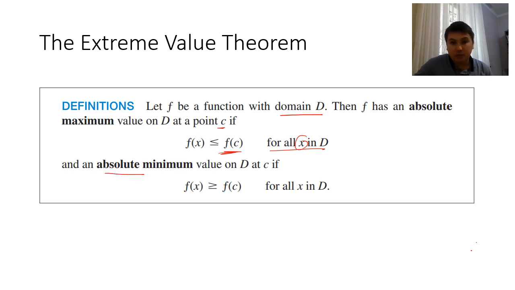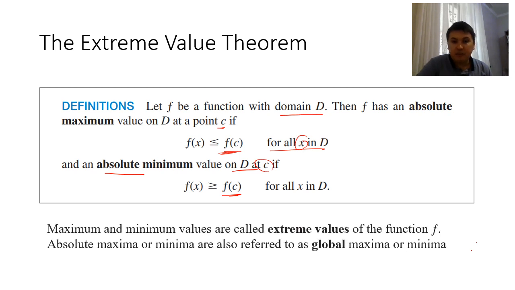And absolute minimum on the domain at c means f of c is the minimum, so all the other points have values greater than or equal to f of c. Maximum and minimum values are called extreme values. Absolute maxima and minima are also referred to as global maxima or minima in other books.